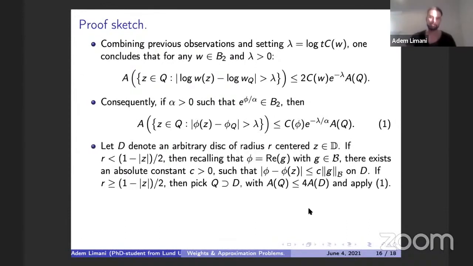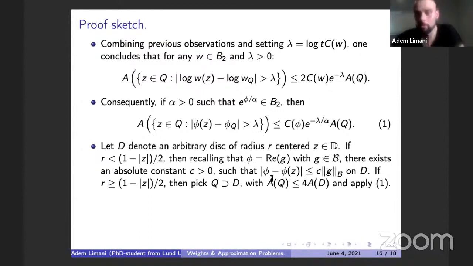Then we make the following observation. If we take a disk centered in the unit disk with the radius less than the distance to the boundary divided by 2, we recall that since phi is the real part of a Bloch function, Bloch functions are uniformly bounded on hyperbolic disks of fixed radii.